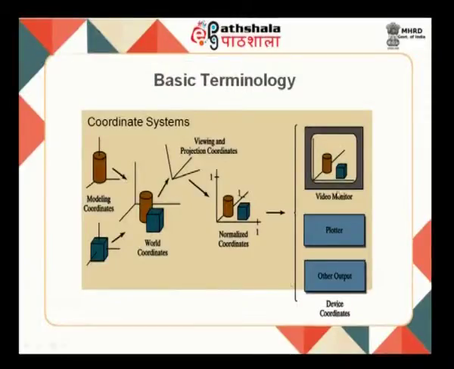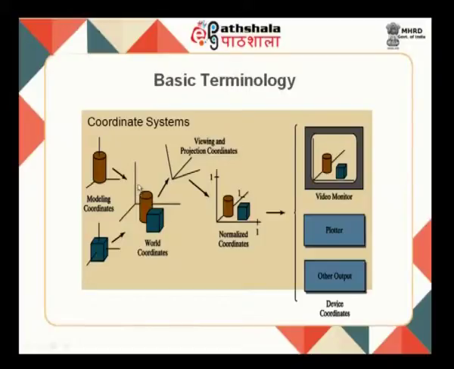Finally, the objects assume device coordinates when shown on the display device. That is how the graphics pipeline goes. We call it a pipeline because so many operations take place from modeling till it is displayed on the final device.